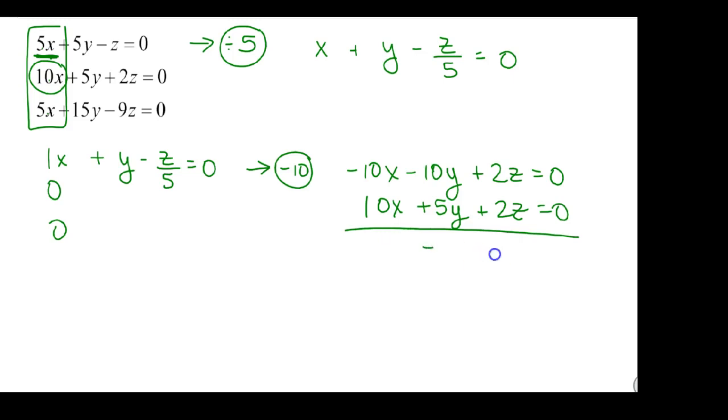So my new second row becomes negative 5y plus 4z is equal to 0.